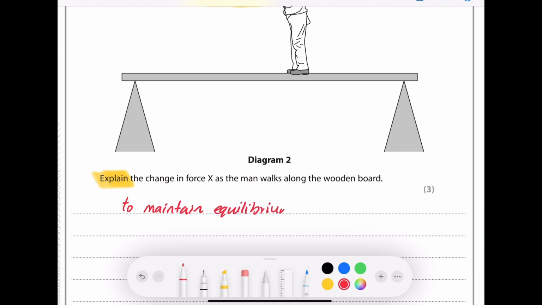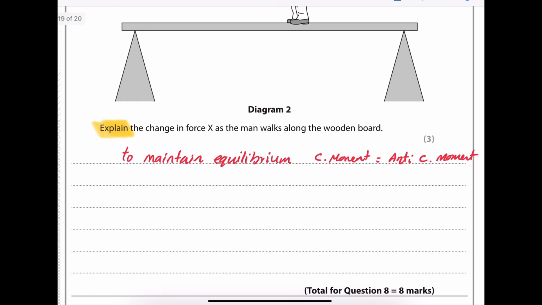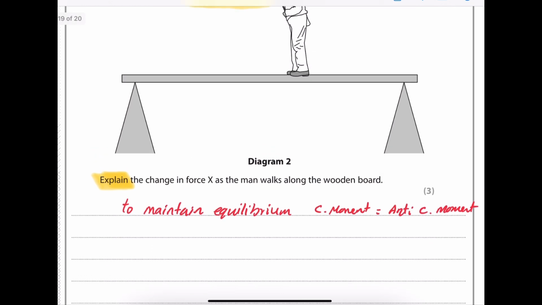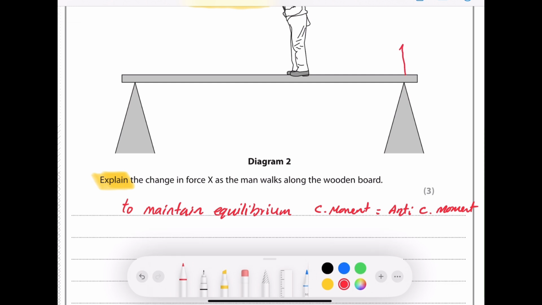What should I get? I know that the clockwise moment must be equal to the anti-clockwise moment. Hopefully you're not confused. So let me draw the applied force again. So this is the force, which is F of X. And here, from the center of mass of the man, is the weight. Just to remind you, this is the clockwise moment, and the green one, which is the applied force, is the anti-clockwise moment.